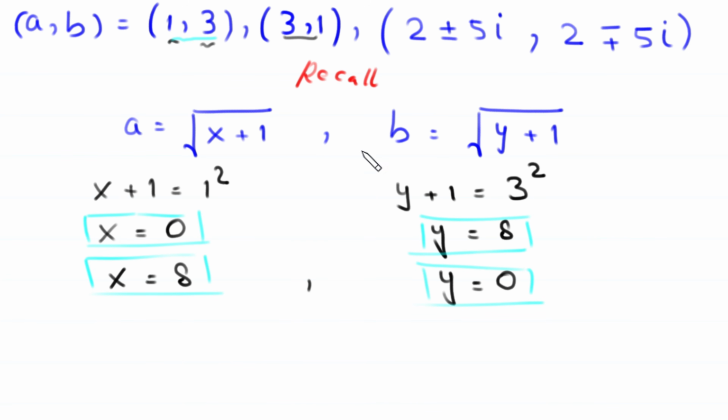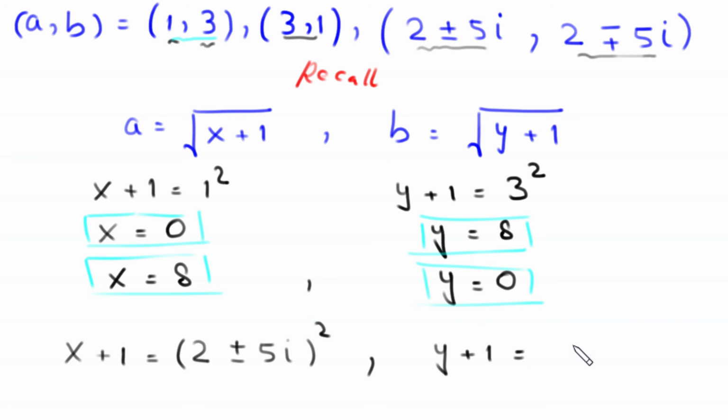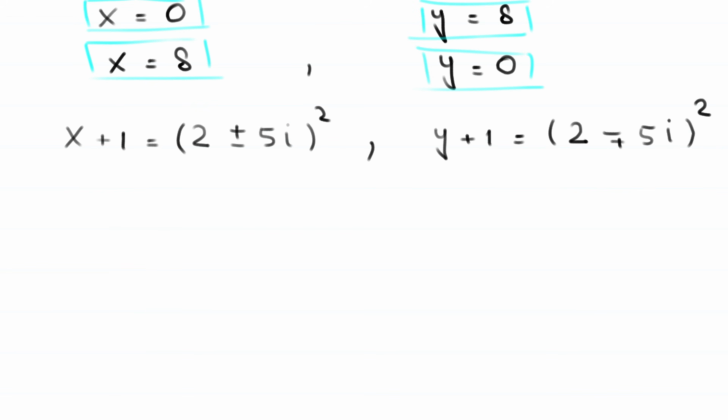For the third pair, when a is 2 plus minus 5i, then x plus 1 will be equal to 2 plus minus 5i whole squared, and b is 2 minus plus 5i, so y plus 1 will be equal to 2 minus plus 5i whole squared. Expand this 2 plus minus 5i whole squared.